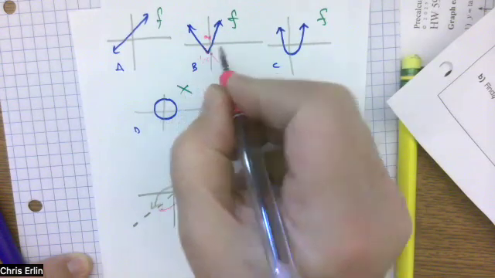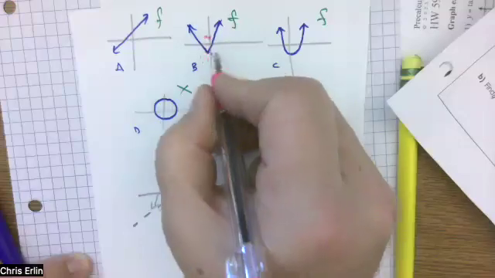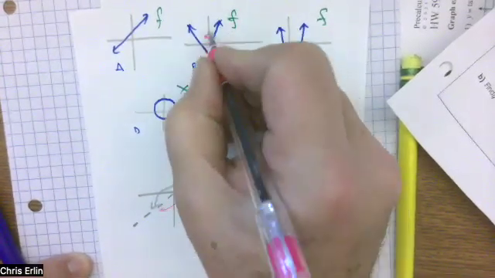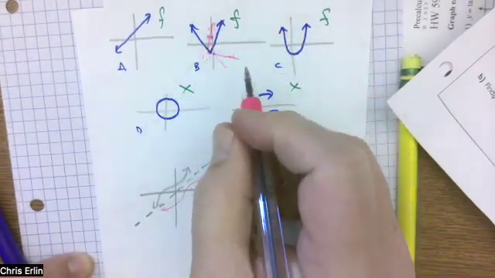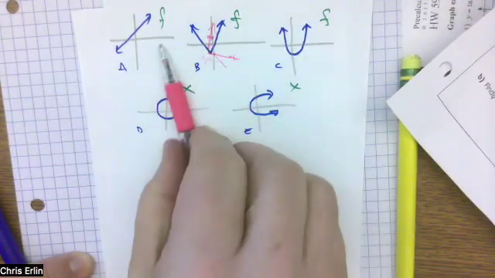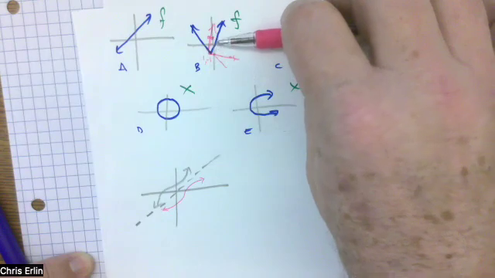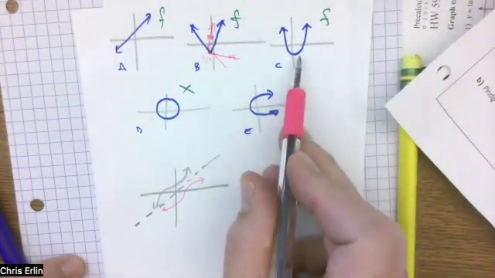So 0, -3 would be here. And then this point like -5, 5. So 5, -5. It would come out looking something like that, right? And it wouldn't pass the vertical line test as an inverse because it doesn't pass the horizontal line test as the original function. Is this one-to-one?